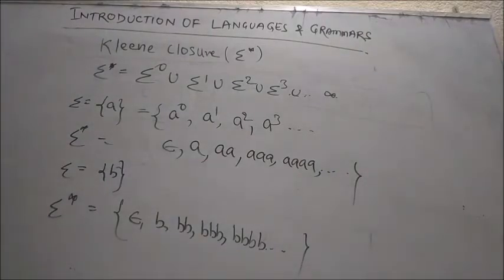In this lecture, I am taking the very basic concept of Kleene closure. Later on, when I teach you finite automata, I will take combinations of more than one symbol and explain the Kleene closure of those alphabets.